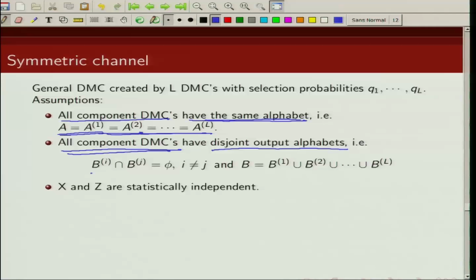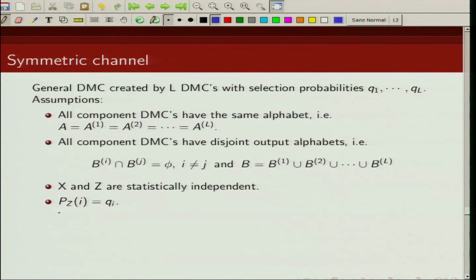So the intersection of Bi and Bj is empty, and of course the union of all these L disjoint sets should be my overall output letters. And the selection, denoted by this random variable Z, is independent of X, and the selection probability is given by Qi.